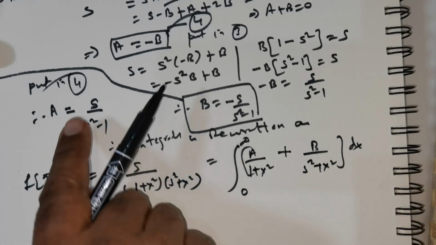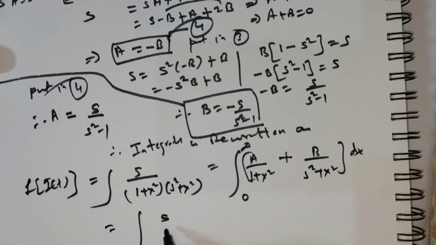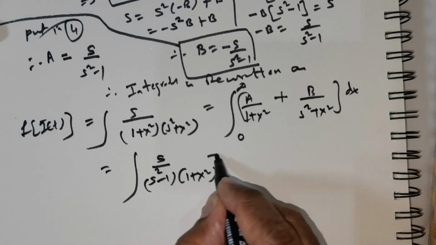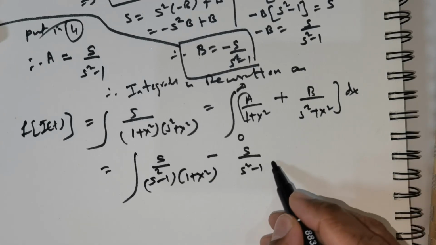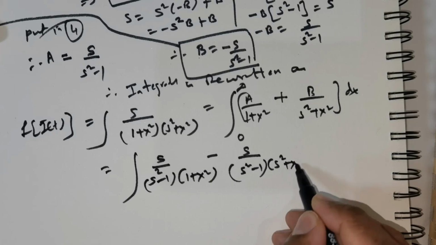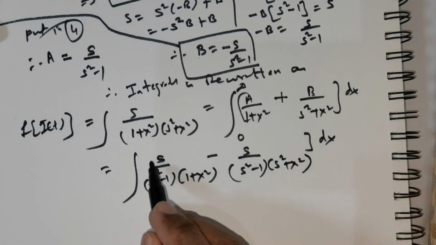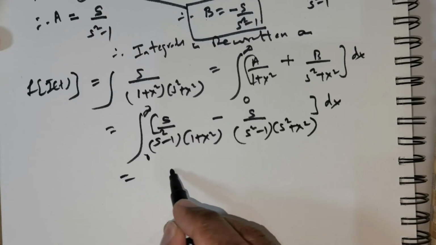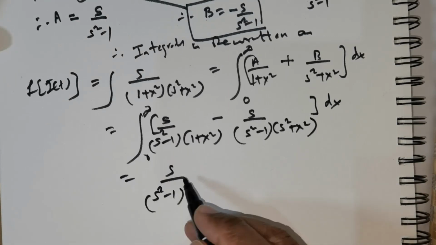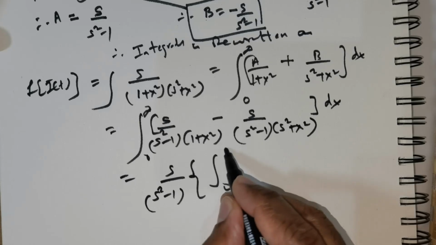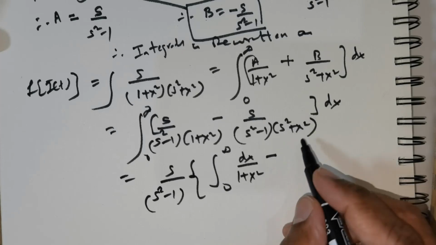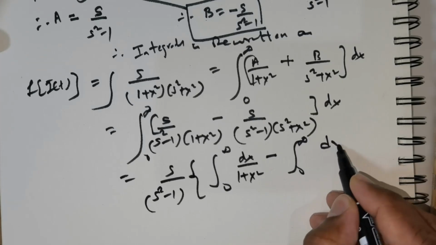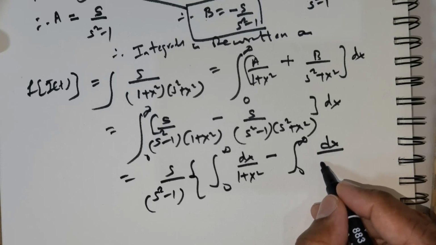Now this is equal to, I'm going to substitute the value of A over here. So that would be s over (s² − 1) times 1 over (1 + x²), and the value of B is −s over (s² − 1) times 1 over (s² + x²) dx, all from 0 to infinity. Now you can take s and s² − 1 out, and that would give me integral 0 to infinity dx over (1 + x²) minus integral 0 to infinity dx over (s² + x²).